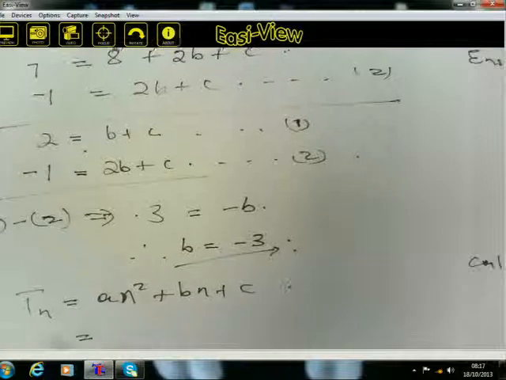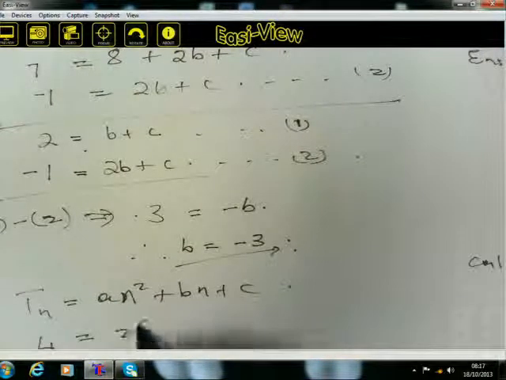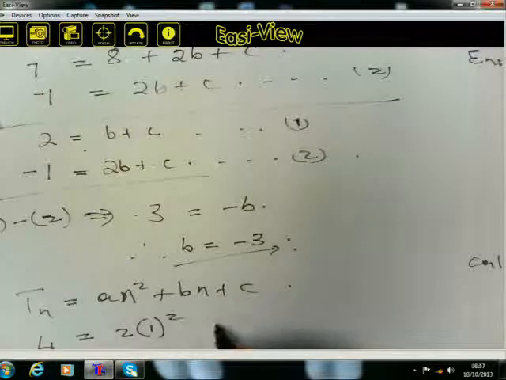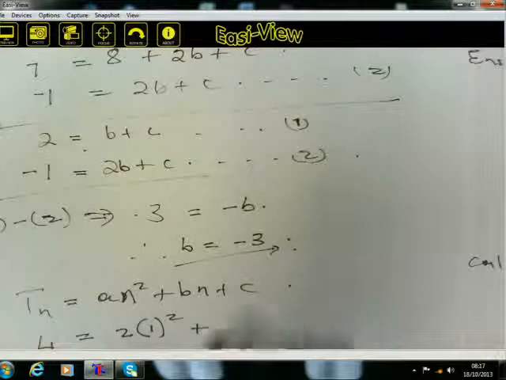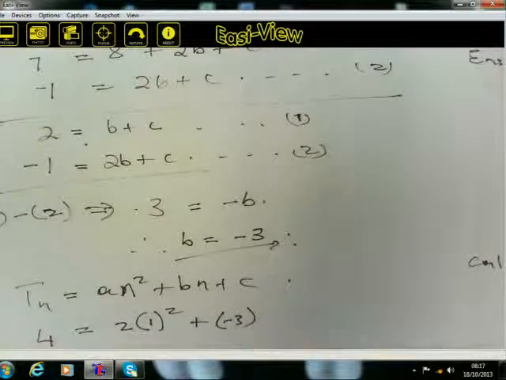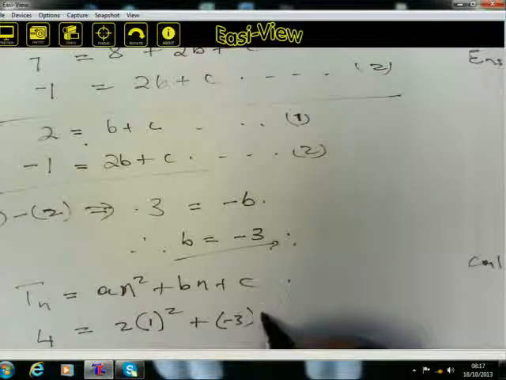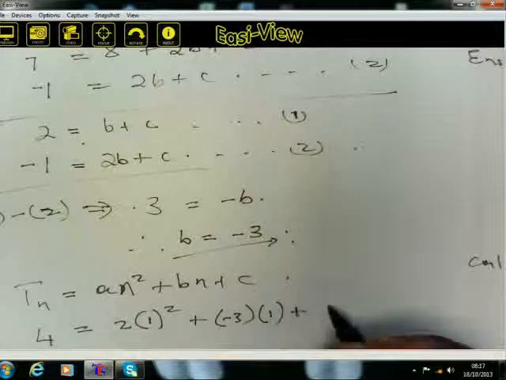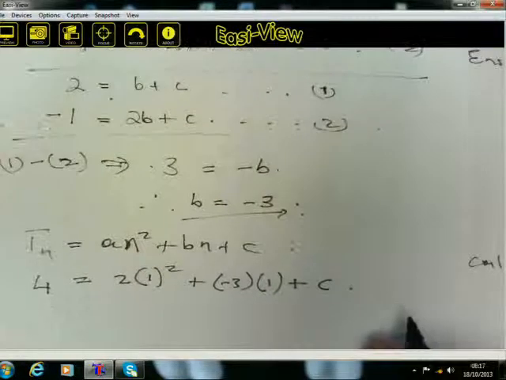Now let's see if the first term is 4. It will be 4 equals a(2 into 1) all squared plus b, where b is negative 3, and n is 1, and then c is the one that we are to get.